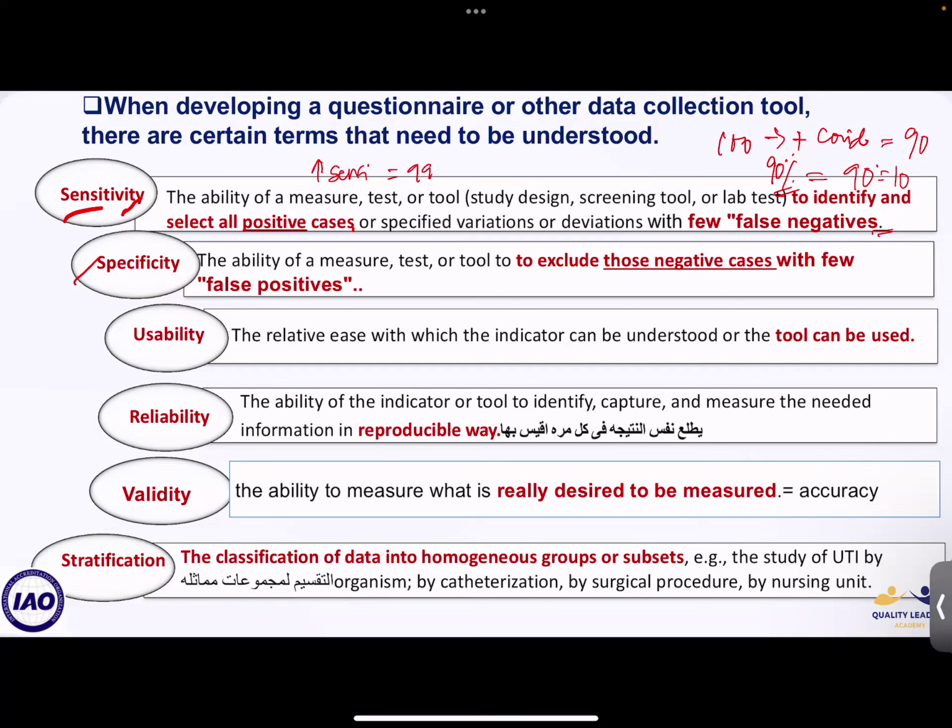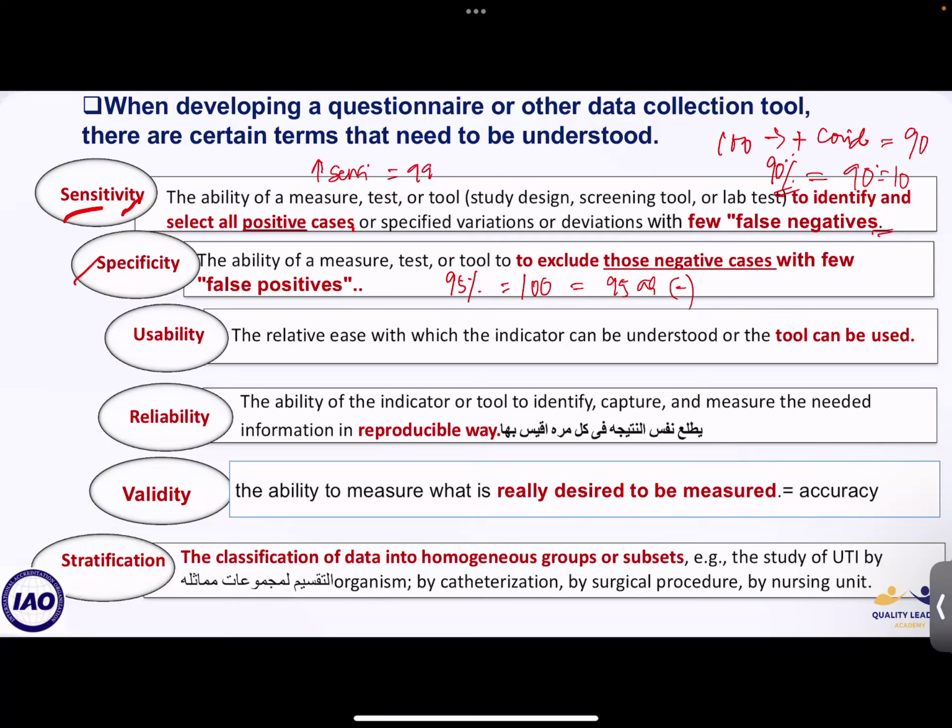For example, if specificity is 95% and I have 100 people, all of whom are negative, the test will correctly classify 95 as negative. What about the remaining 5? They will be classified as false positives.